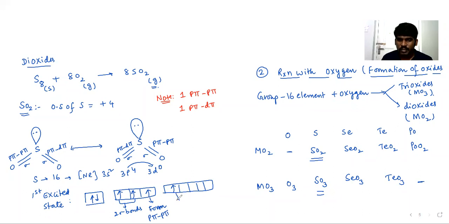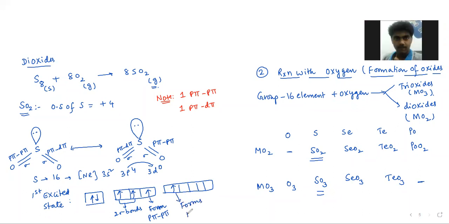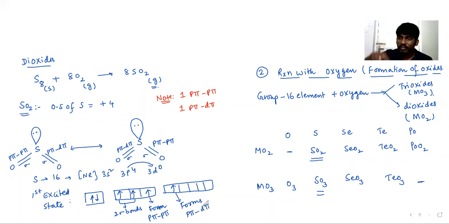This electron is responsible for the formation of which bond? d pi. P pi d pi bond. That means d orbital of sulfur, p orbital of oxygen can overlap. Oxygen does not have d orbitals. D orbital comes from sulfur, p orbital comes from oxygen. So p pi d pi bond. That's why it has one p pi bond and one p pi d pi bond.